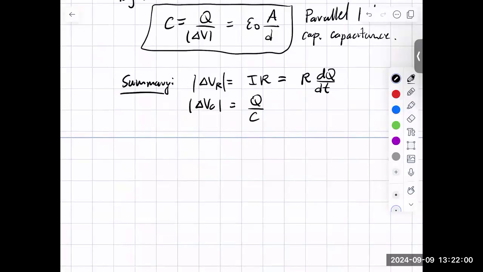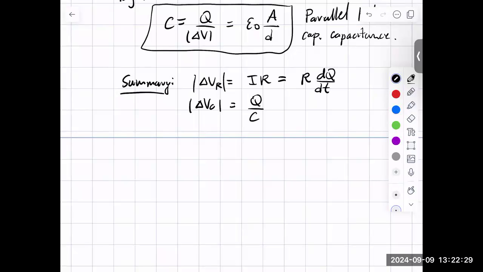The reason we're doing this is because it will be a nice segue into our first little topic. If we have circuits that involve only resistors and batteries, then we end up with just voltage differences that are I times R, and we can solve those relatively easily using Kirchhoff's laws, the sort of thing we did in first year.